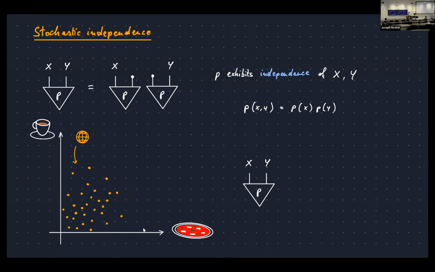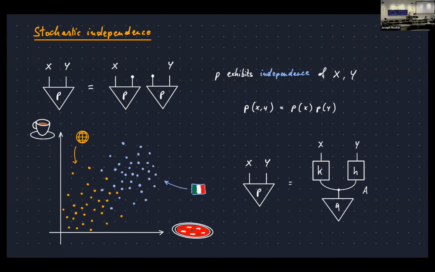But now you see that if this is your data set, then if you don't know where people are from, then it's true that knowing the pizza frequency tells you something about the espresso. But if you know the input, if you know where these people are from, then knowing if they are having a lot of pizza is not going to tell you anything about their consumption of espresso.